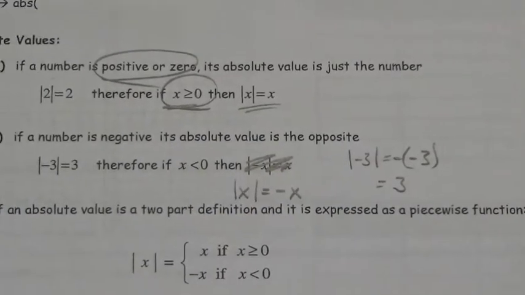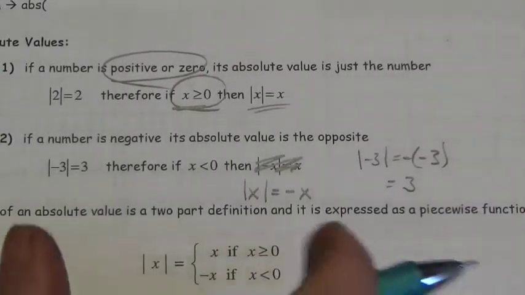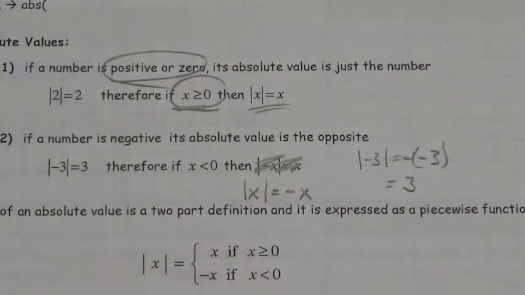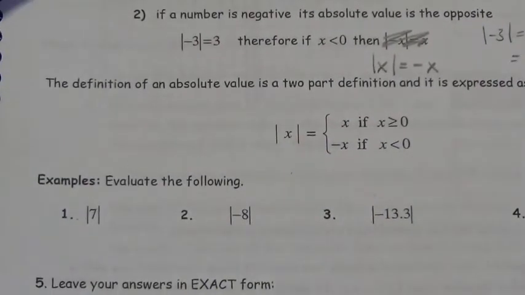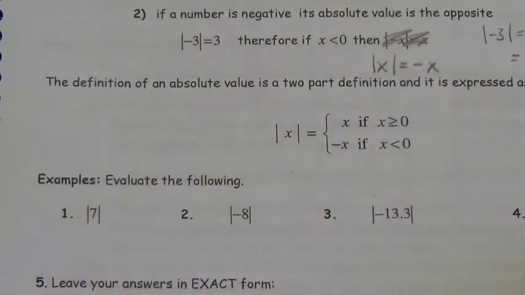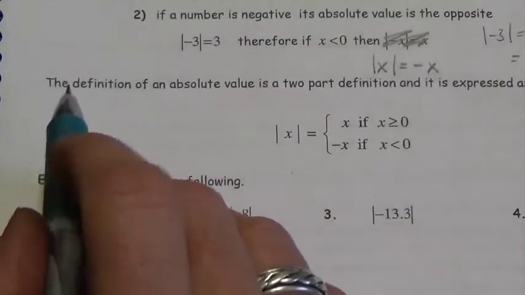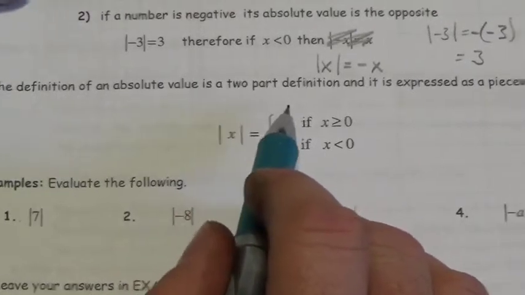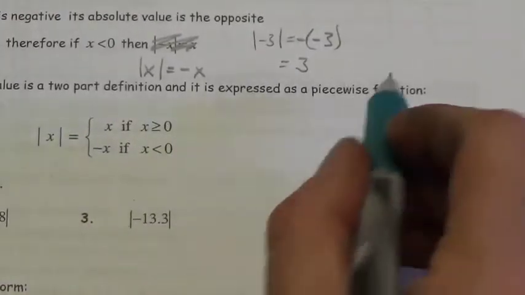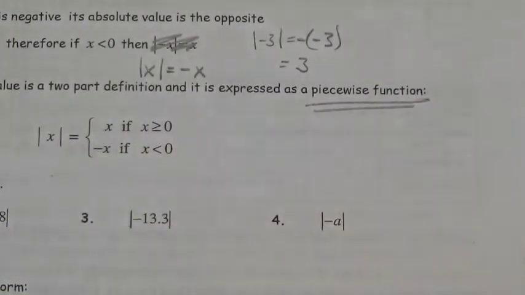Now, if that's not confusing enough, we're introducing this new form of notation. We're going to introduce another form of notation to help explain this new form of notation. So I'll read the sentence here: the definition of an absolute value is a two-part definition, and it is expressed as a piecewise function.